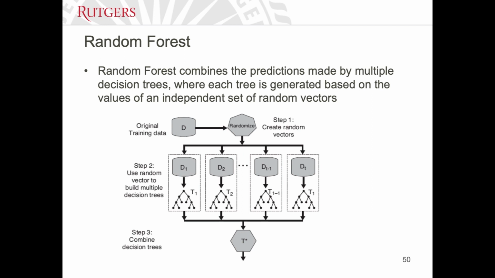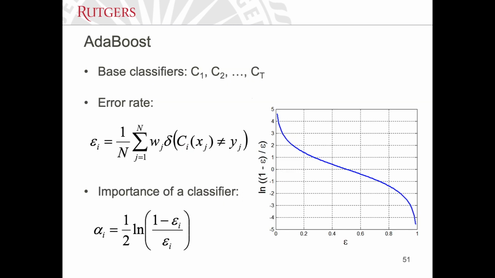The random vectors are generated from a fixed probability distribution. Bagging using decision trees is a special case of random forest. The randomization helps to reduce the correlation among decision trees so that the generalization error of the ensemble can be improved.